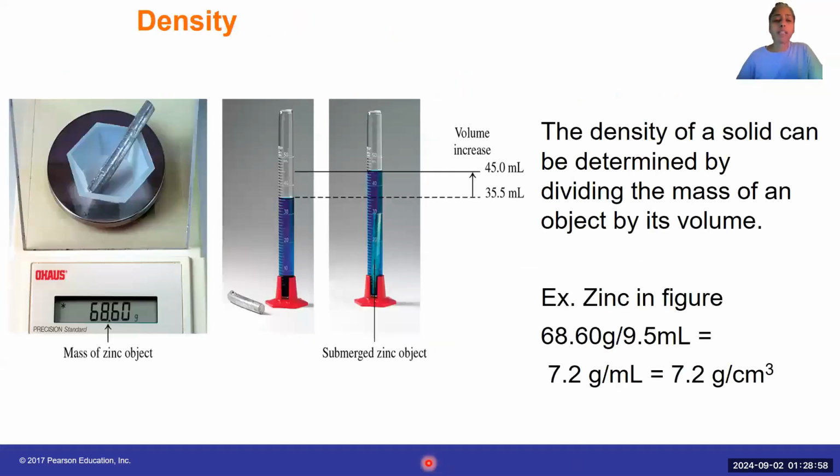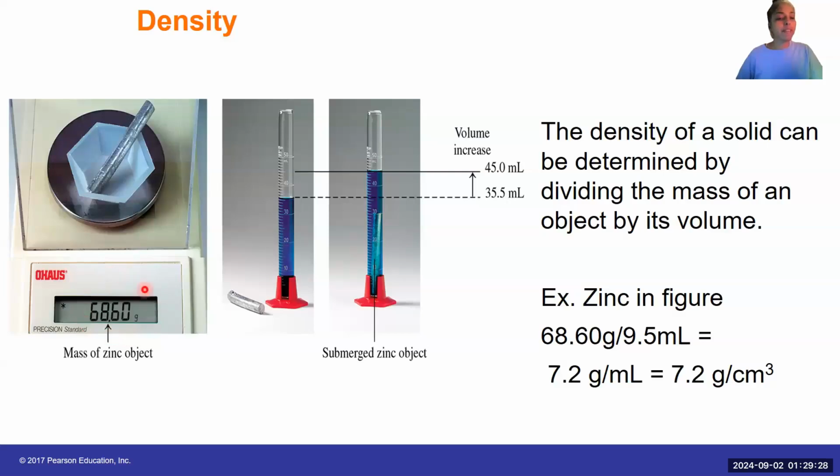How do we take the volume? How do we take the mass of an object? Well, generally, if we have an odd-shaped item, we can get the density by what we call the displacement method. So I can take the mass of this object, this is a piece of zinc, put it on a balance, and I can get the mass. Notice that the mass of this object is 68.60 grams.